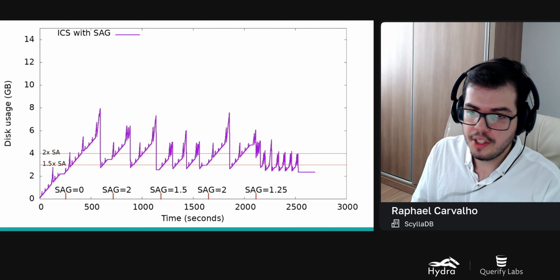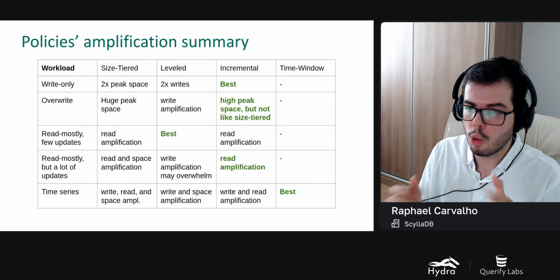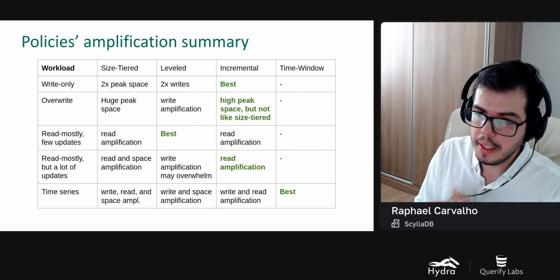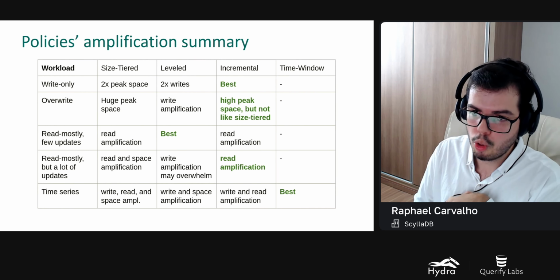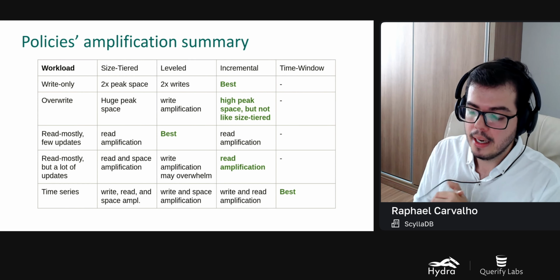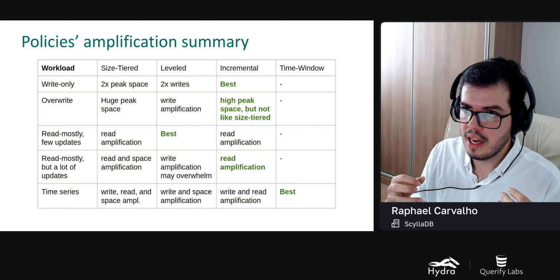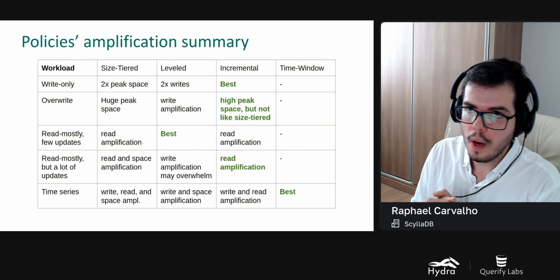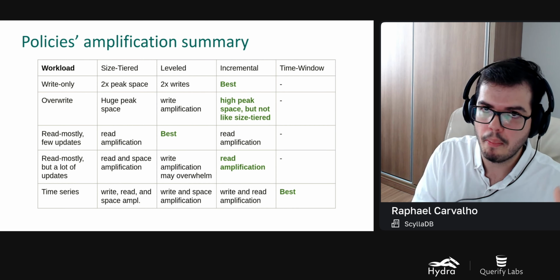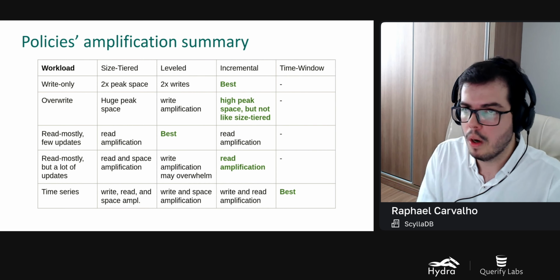So this is a summary of the policies, showing which one is better. There is the time window strategy, which I didn't cover because we would run out of time. It's a strategy that defines a layout where there is one LSM-tree for each time window. So when you want to read data from a particular time window, you only need to look at one LSM-tree.